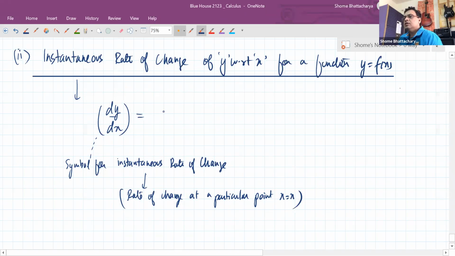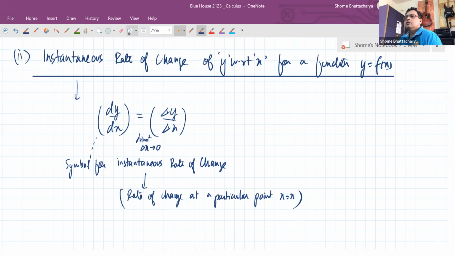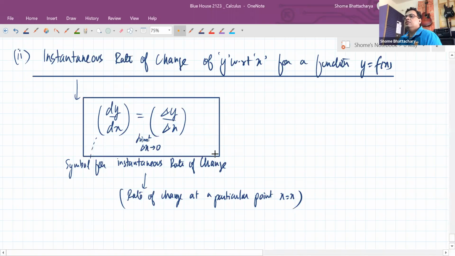We define this as the value of delta y by delta x only, but under a special condition, which you might have heard is called a limit. And that limit is that delta x is tending to 0. So this is the definition of instantaneous rate of change in terms of calculus. This is the differential calculus definition.